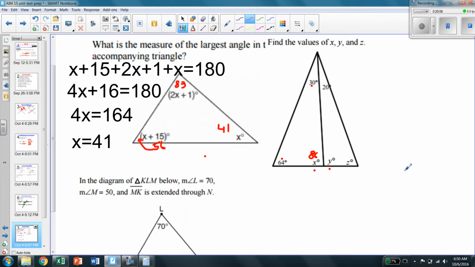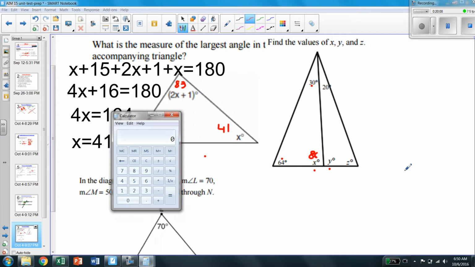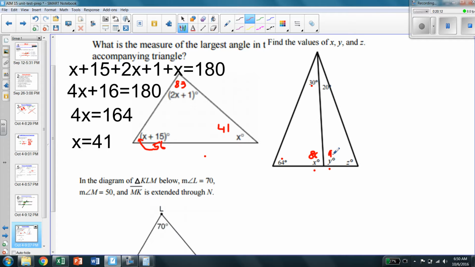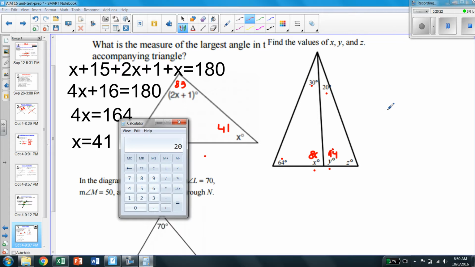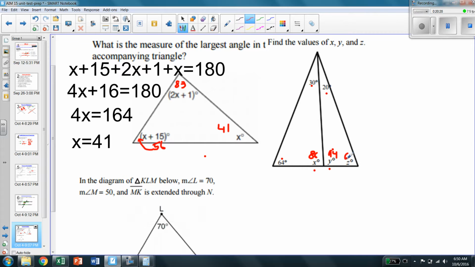They are supplementary. 180 minus 86 is 94. I have two out of the three angles. I have this one, and then we have this angle here. So 20 plus 94, 180 minus 114, 66. And that's how we go ahead and solve.